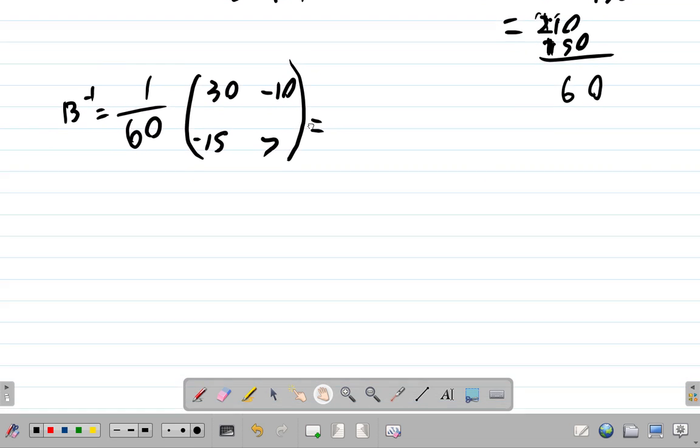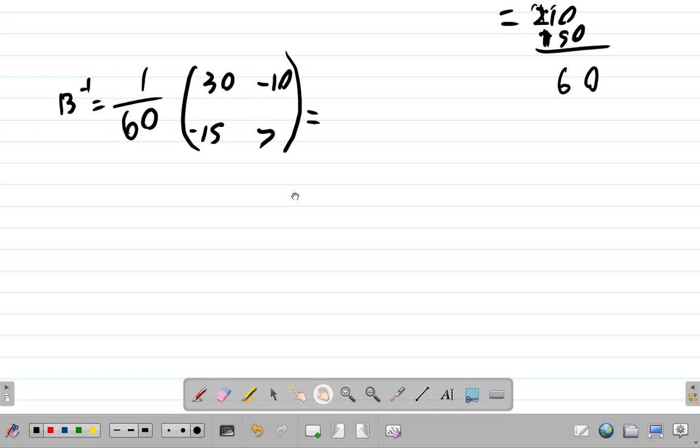So let us take this one step at a time. Here, 1 divided by 60 times 30. Multiplying this by 1 divided by 60 means the same as multiplying each element by 1 divided by 60.